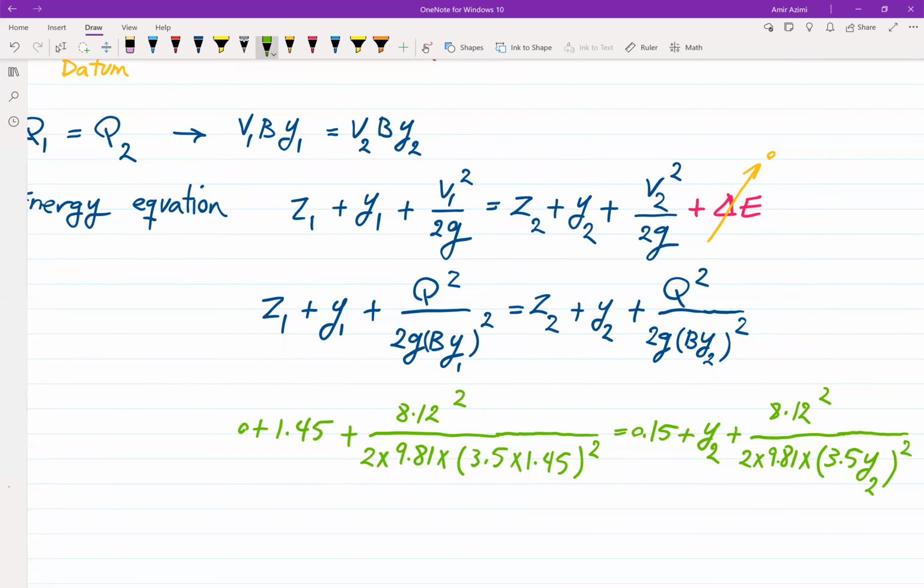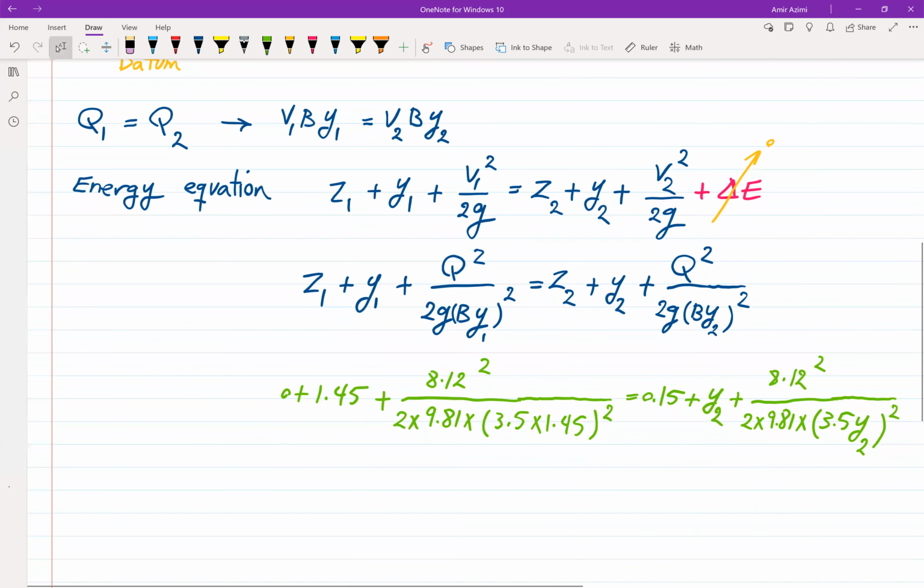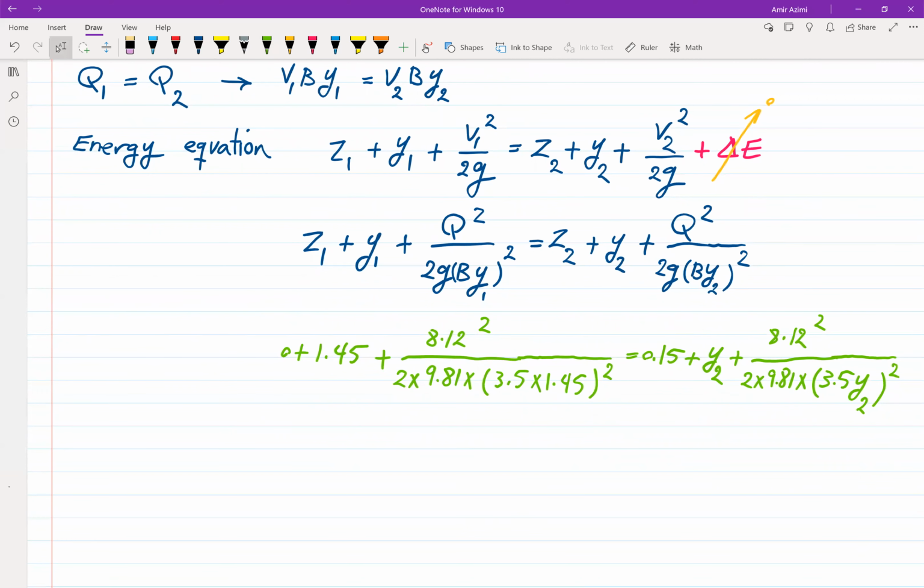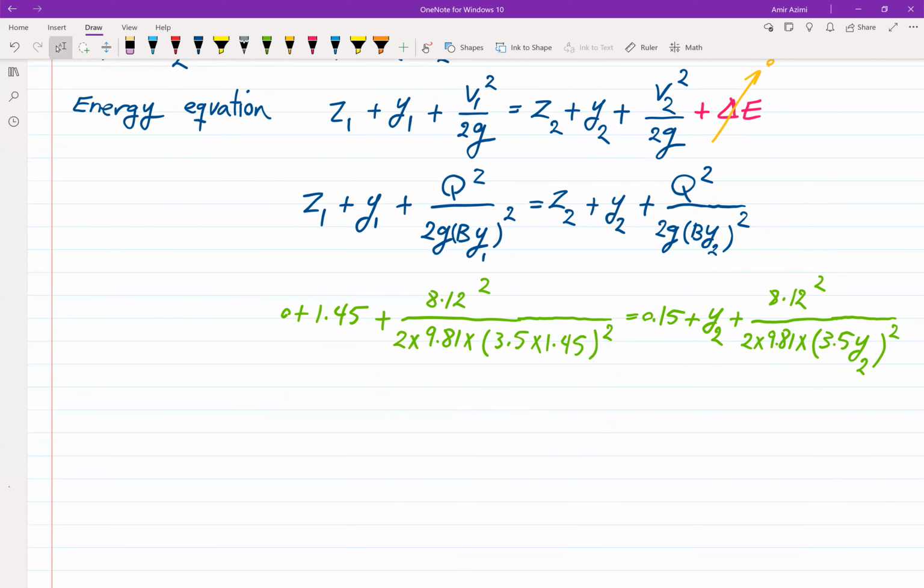So we have one equation, one unknown, and then we can rearrange this equation and solve for y2. So you calculate the left-hand side, and then you multiply the right-hand side by y2 square, and then you will get y2 to the power of 3 minus 1.43 y2 square plus 0.27 is equal to 0.